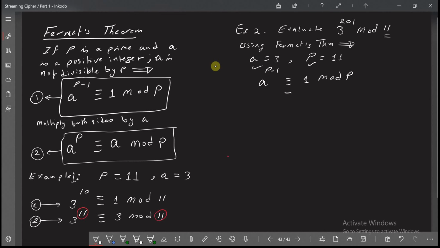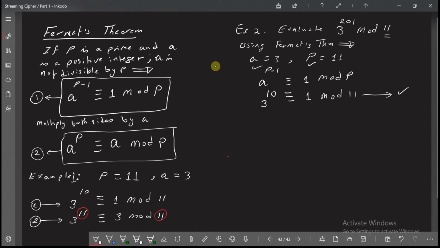So again, here 3 to the power 10 is equal to 1 mod 11.